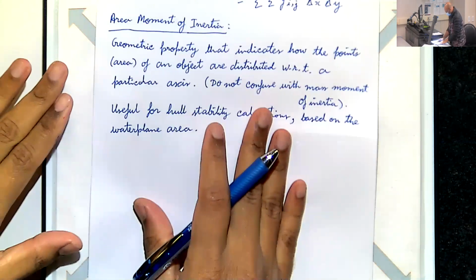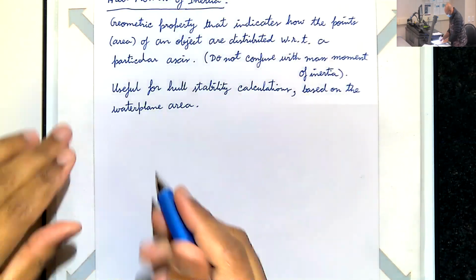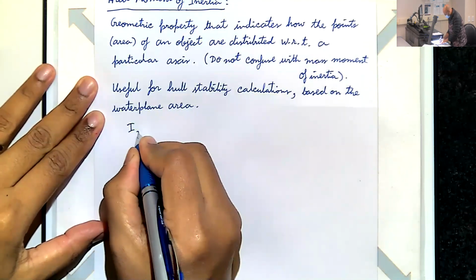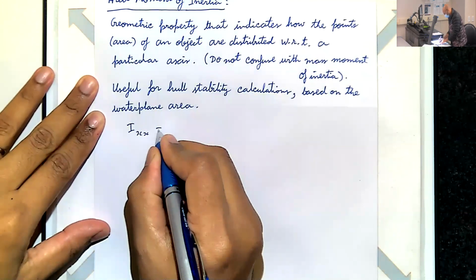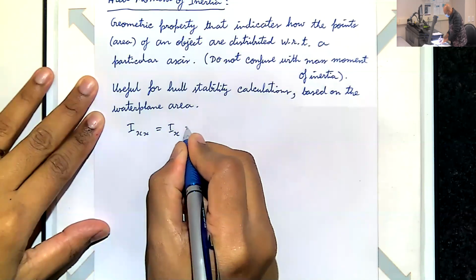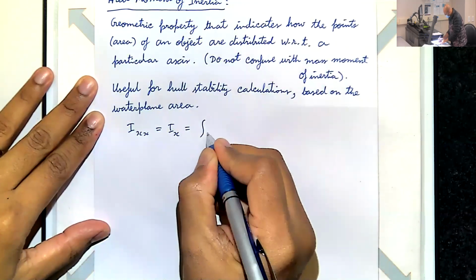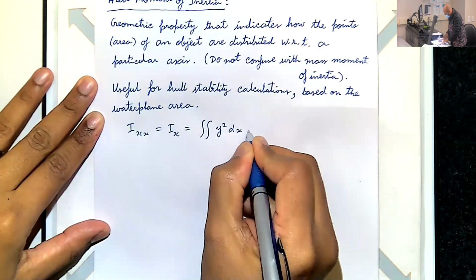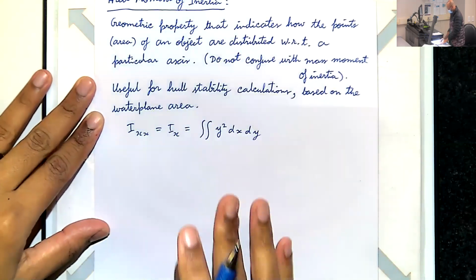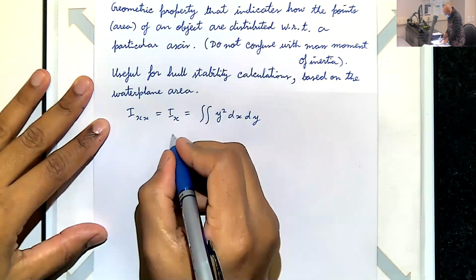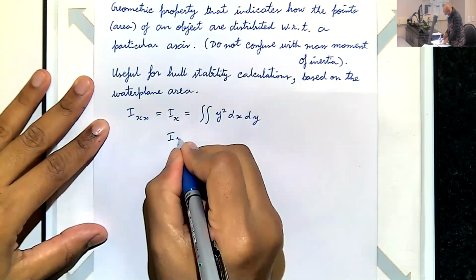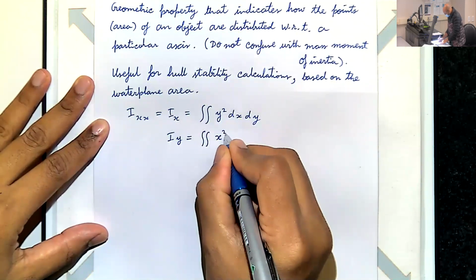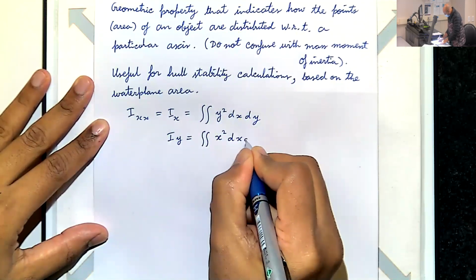All right, analytical definition. Ix is the double integral of y squared dx dy, and Iy is the double integral of x squared dx dy.